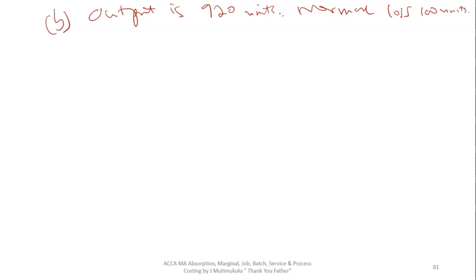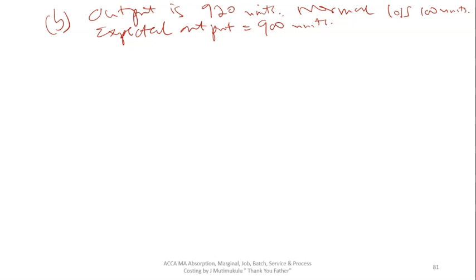Okay, so what about expected output? If normal loss was 100 units and the input was 1000, then expected output was actually 900 units. Okay, so expected output was 900 units, but we produced 920 units.